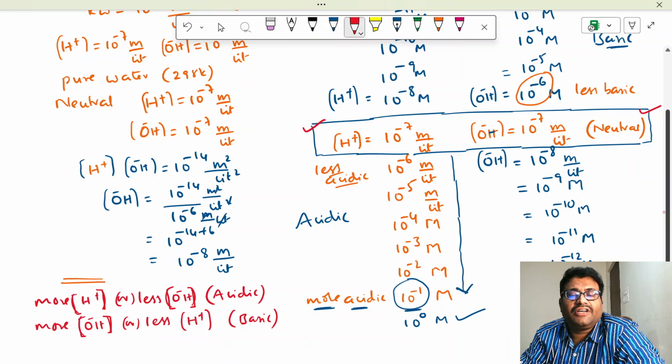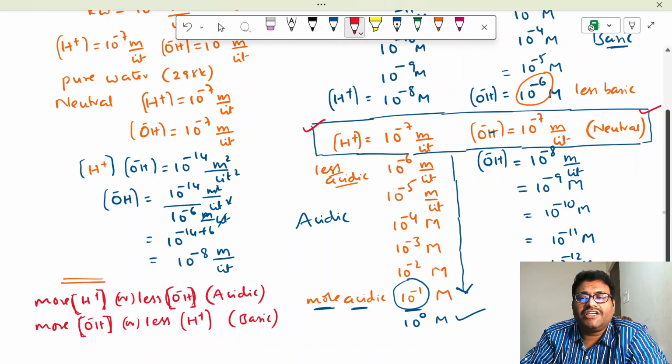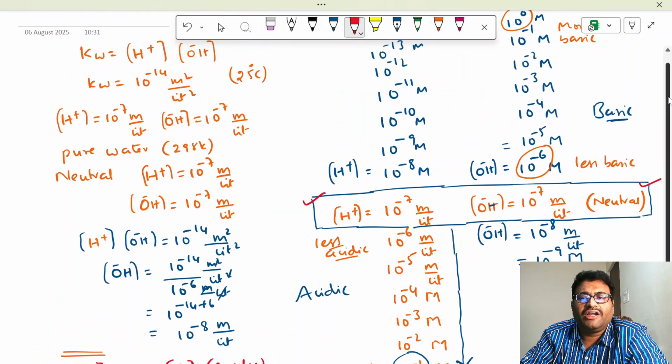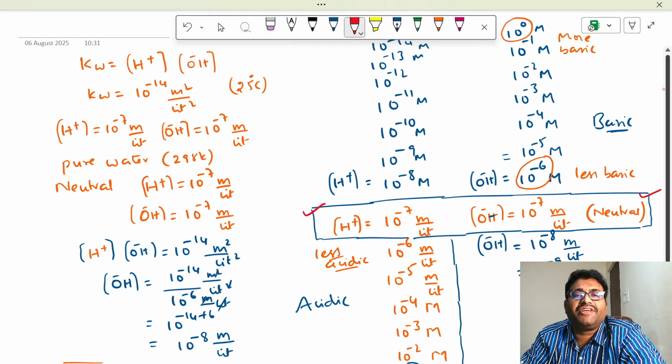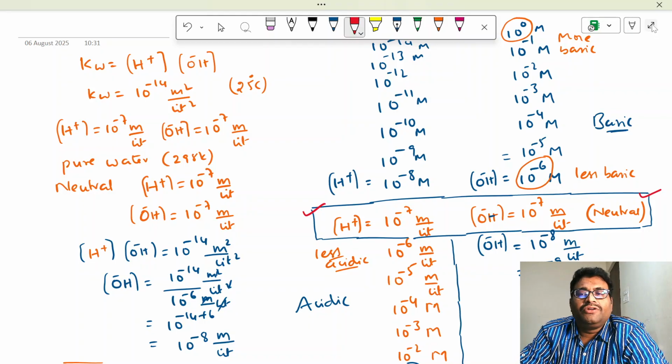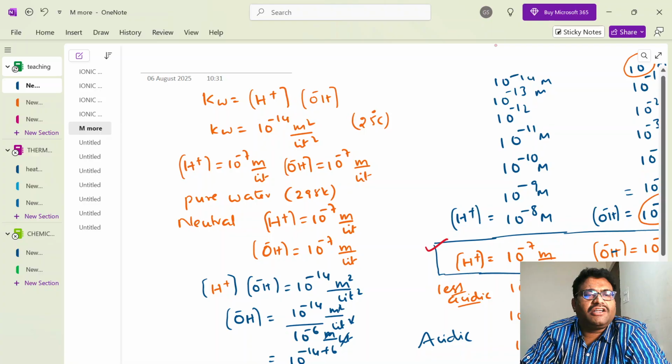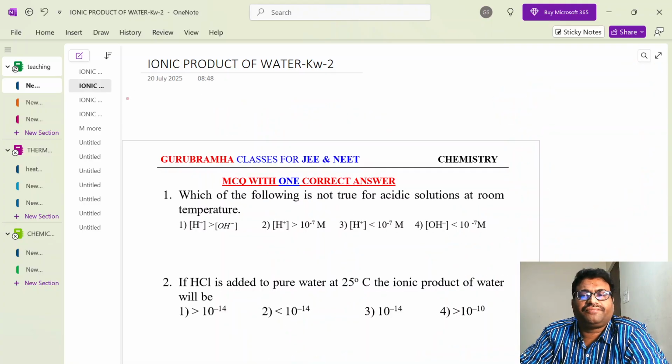Understood? Right? So that is about acidic and basic strength. Looking at H plus ion concentration at 25 degrees centigrade, we can decide whether the given solution is acidic or basic.